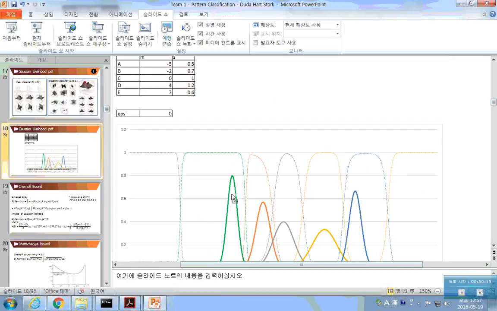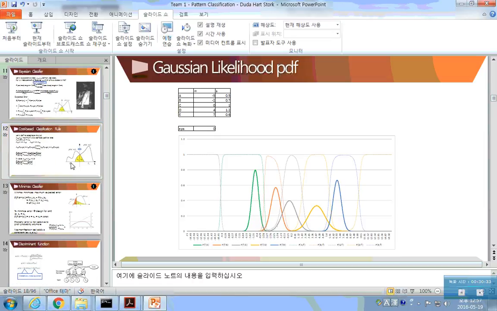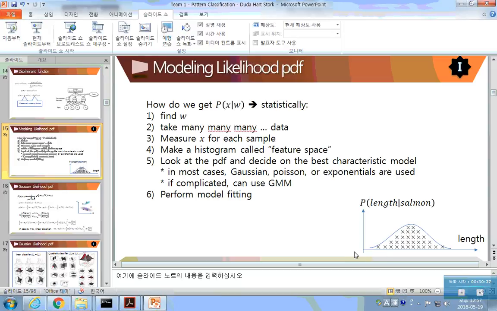Another example of this problem is here. This is another example I gave in which we have multiple classes. You will see that the gray class starts to catch up with the green one here, and this is problematic. Why does this problem happen? Because when we measure these features and model them as a Gaussian, this Gaussian tells us the probability is not zero anywhere.